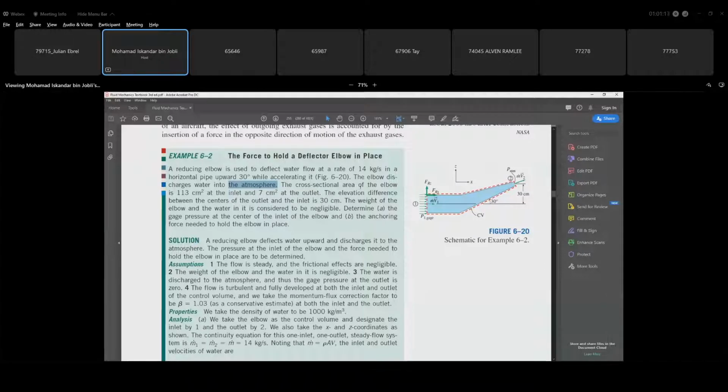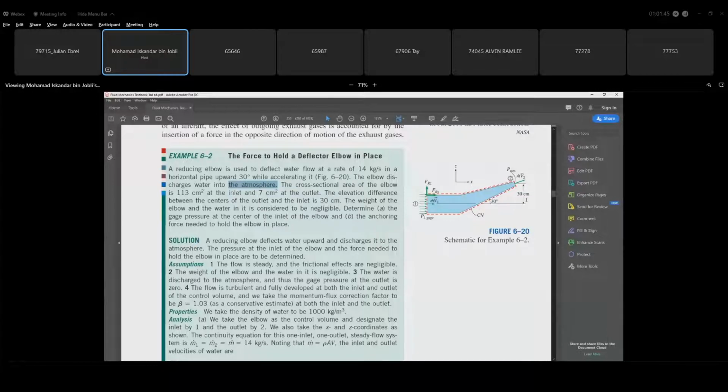The cross-sectional area of the elbow at the inlet is 113 square centimeters, and then you have 7 square centimeters at the outlet. Wow, it reduced quite significantly. This is 113, this is only 7. The elevation difference between the center of the inlet and the center of the outlet is 30 cm.